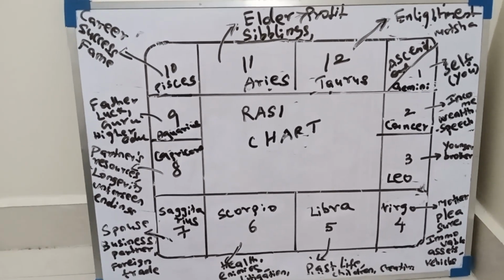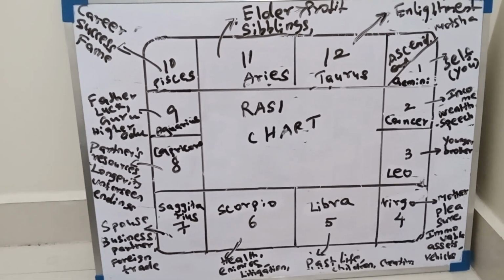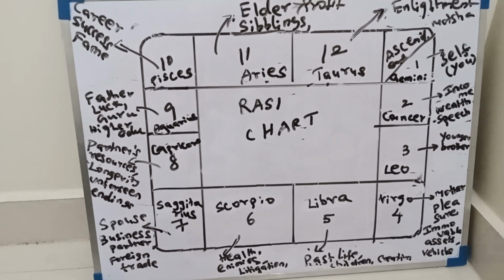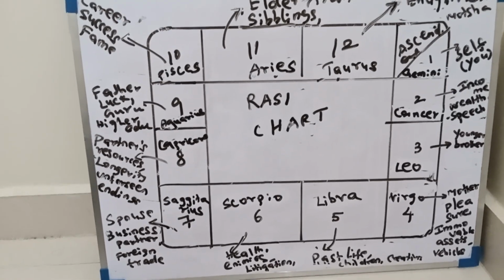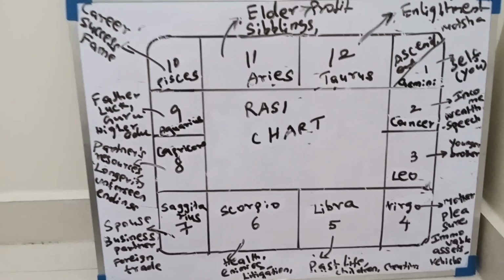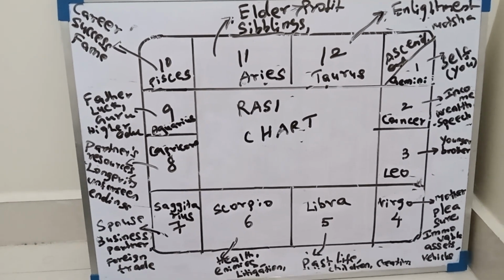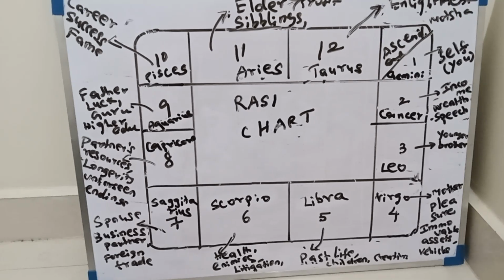What a person is being blessed with is being denoted in each of these houses. Number five, the fifth house, the Libra house here, denotes your past life, your children, and your creativity. All those are denoted here, what you're destined with or bestowed with through astrology. The sixth house is the house of Scorpio, that denotes your health, enemies, litigation.